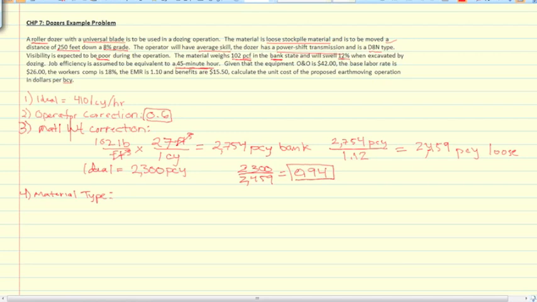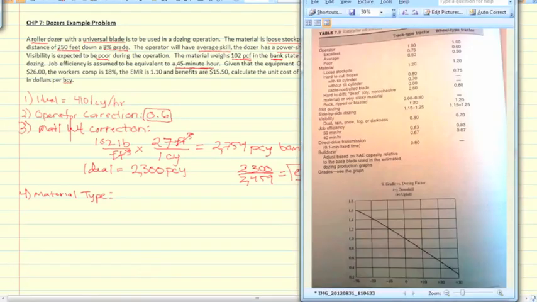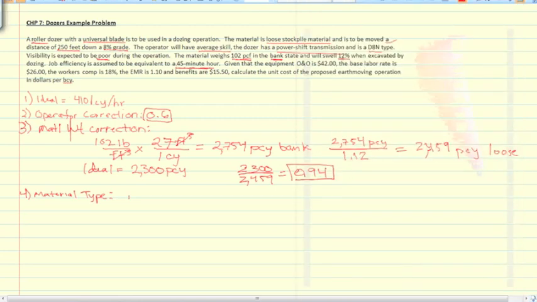It said loose stockpile, so go to your chart. Material, loose stockpile, make sure you're looking at the wheel type, is 1.2, so that's greater than 1. So it's loose material, so it's easier to push, and you're going to get a benefit from the ideal state, is basically what's going on here. So you can just go ahead and put from this table that it's 1.2.